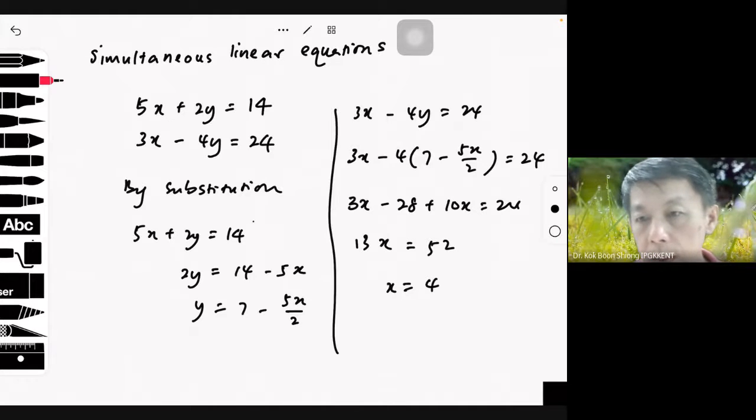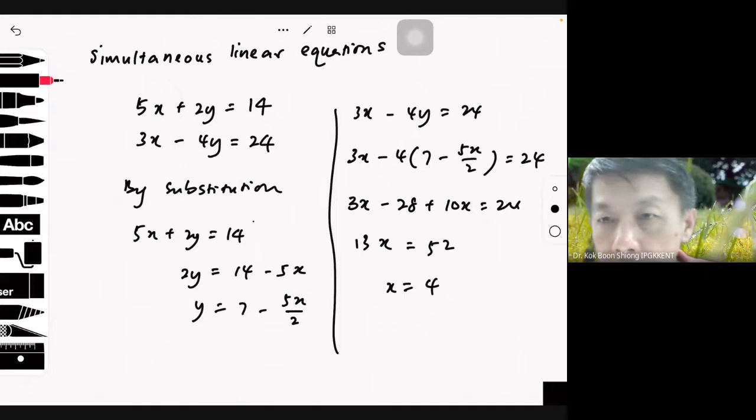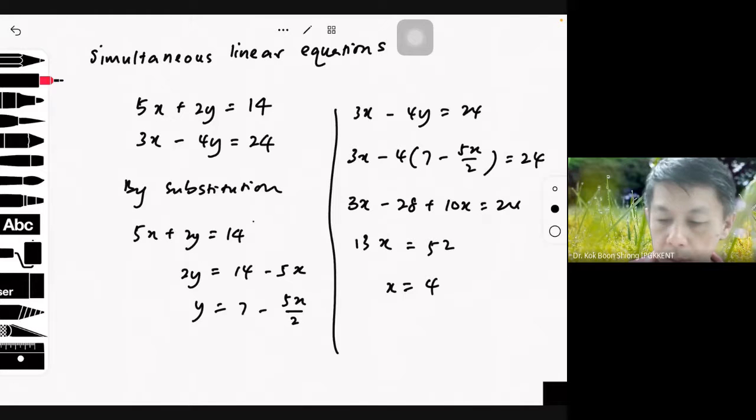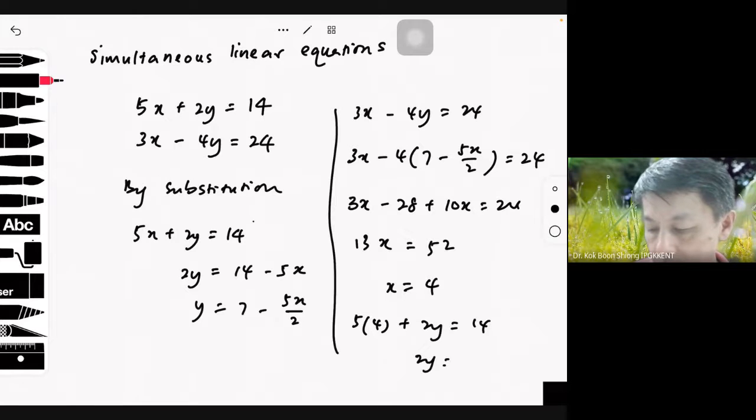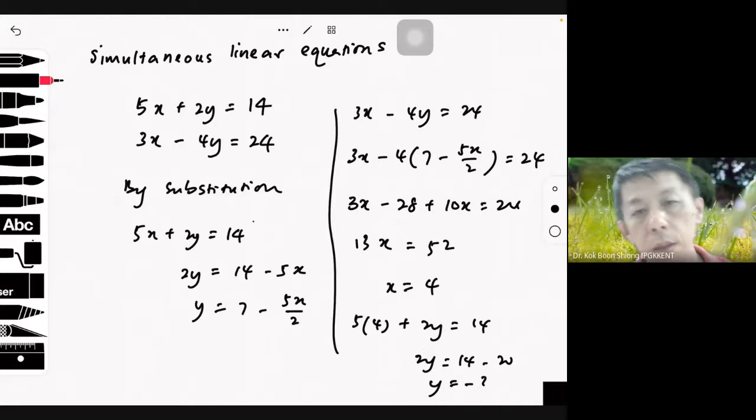Correct? And then we substitute. Okay, then we substitute 4 into 5x plus 2y equals 14. So 2y equals minus 6, so y equals minus 3. So that's it. This is the answer: x equals 4, y equals minus 3.